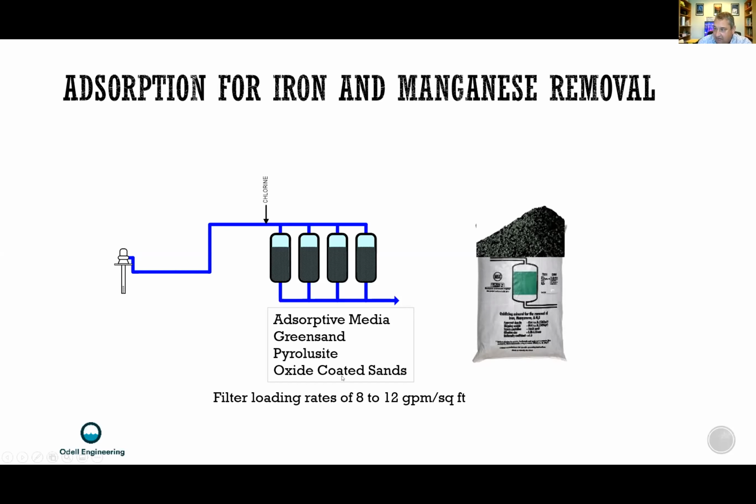The higher loading rates work great for manganese. They can work at pHs of 6 and at pHs of 8.5. And it makes a smaller filter and keeps your footprint and your costs down.